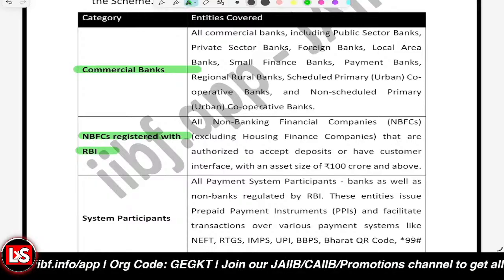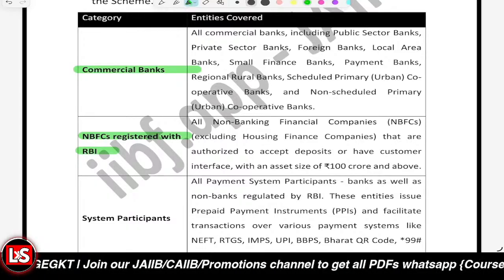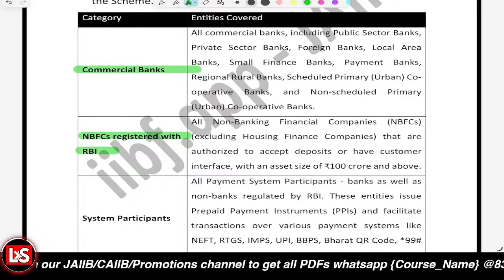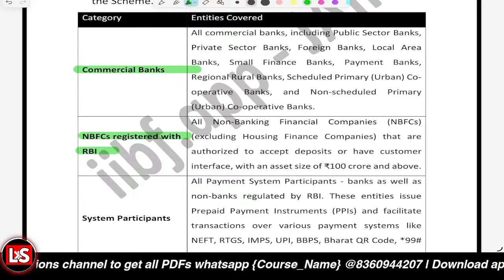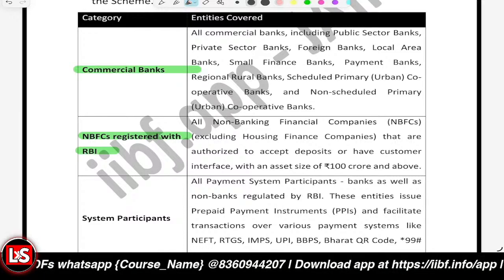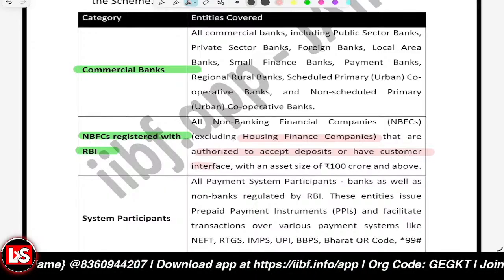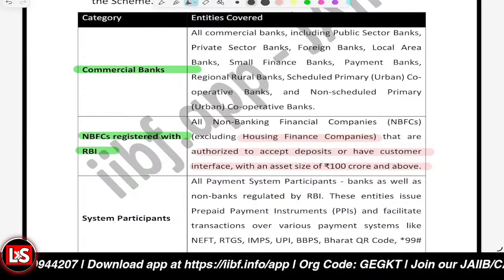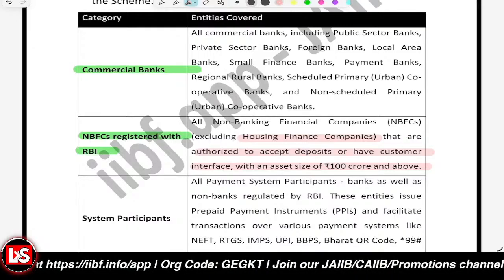And even the NBFCs which are registered with the Reserve Bank of India, like all NBFCs, but not including the housing finance companies, right? And further, which are authorized so as to accept the deposits. Those NBFCs which are not HFCs and which are authorized so as to accept the deposits are having the customer interface or the asset size of 100 crore rupees or more. Those are basically eligible under the banking ombudsman.